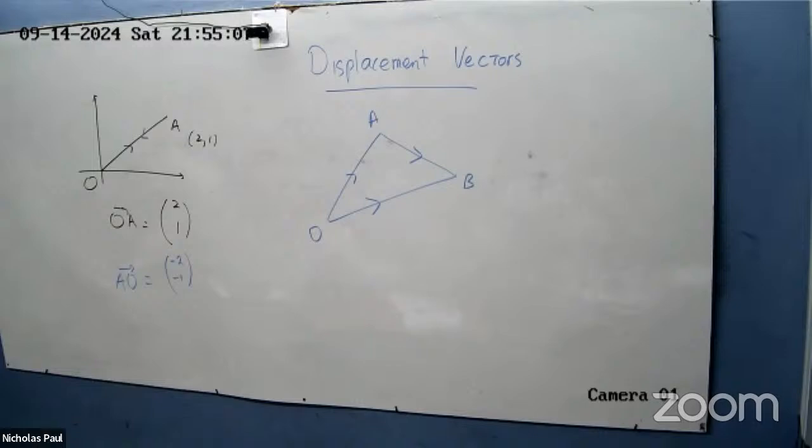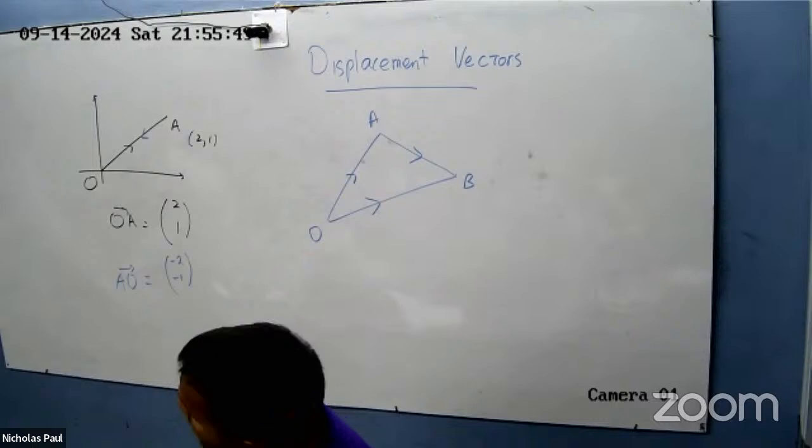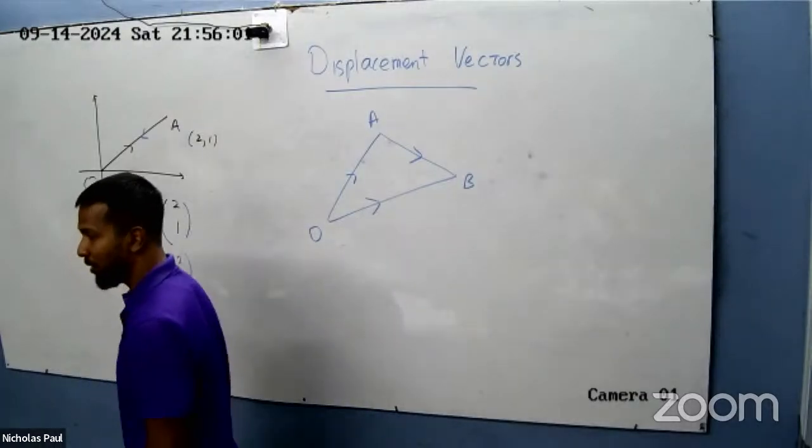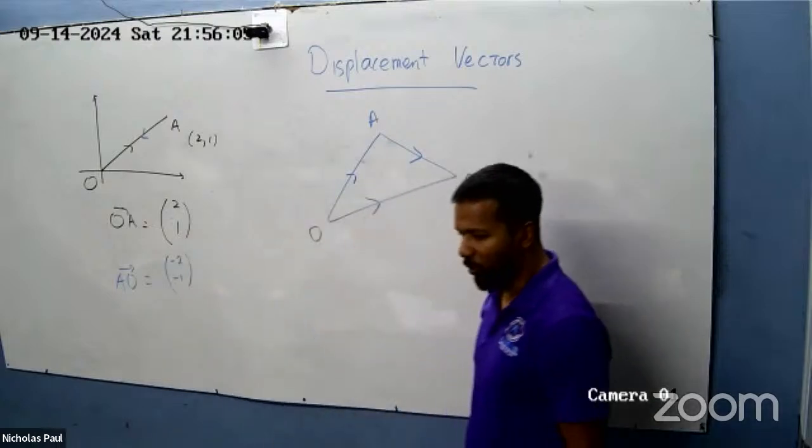These unknown vectors are found by finding an alternate route, full stop.